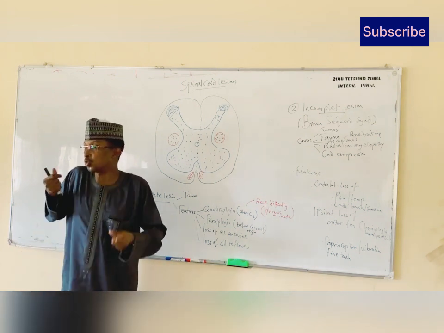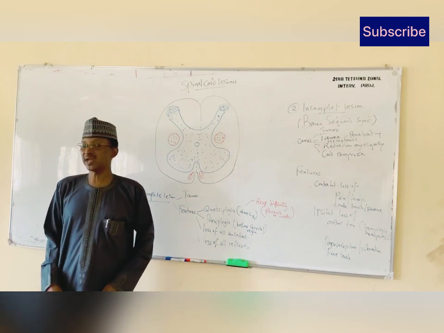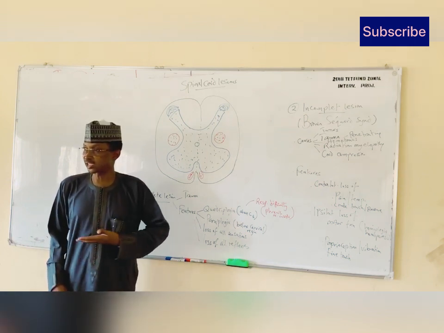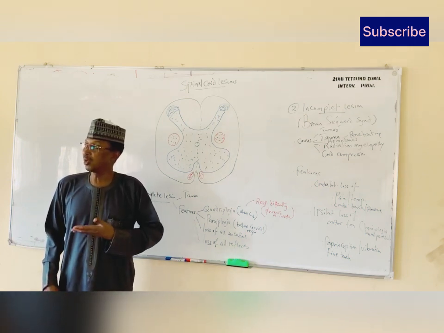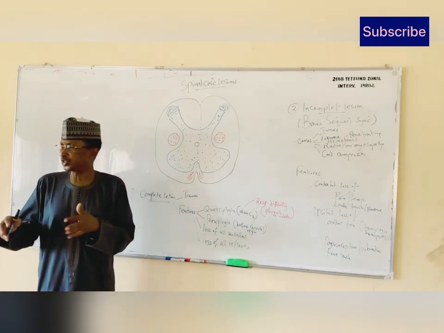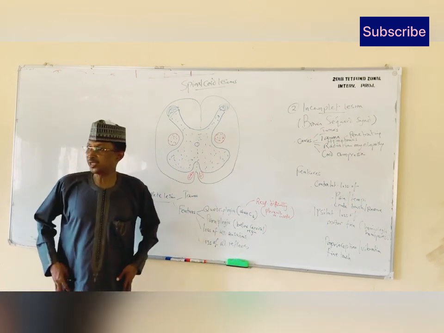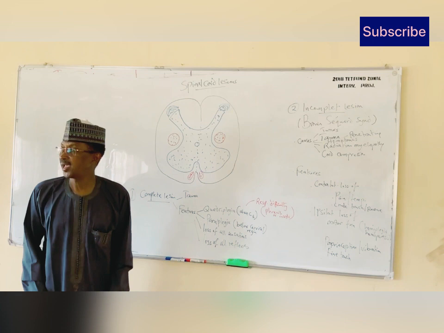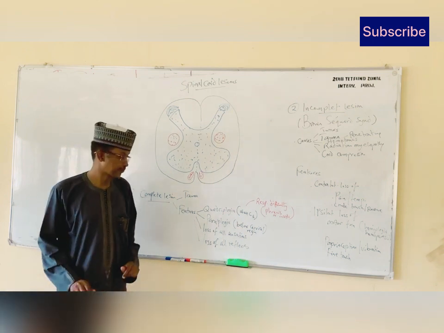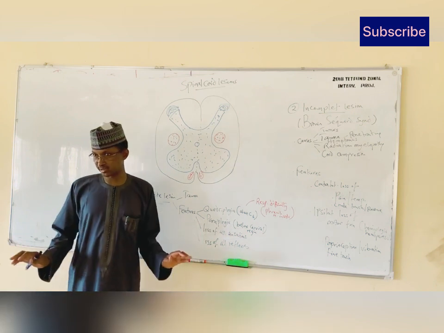The upper limb is going to be functional, but the lower limbs are going to be paralyzed if the transection takes place below the cervical region, maybe at the level of T3, T4. So the person is going to have paraplegia. All the lower limbs are going to be affected. Are you clear?